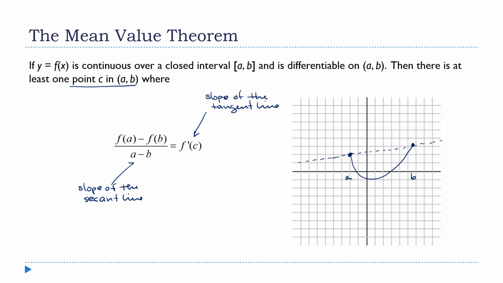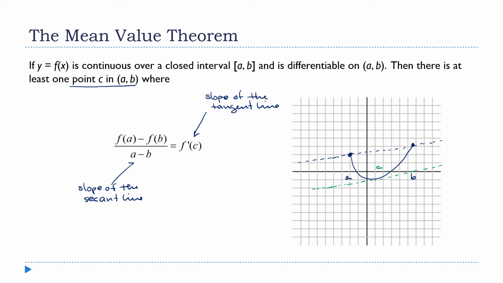And what the mean value theorem is saying is that there has to be some number between A and B where the slope of the tangent line at that point is equal to the slope of the secant line, or if you want to think about it geometrically, it's parallel to the secant line.